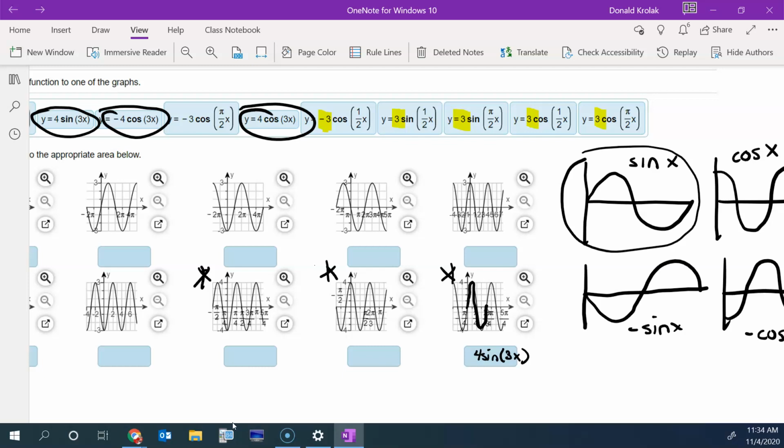Okay, that's 1. That's 2, and it's at 5 pi over 4. And by the time I get to 2 pi, I'm going to have 1, 2, 3 of these, 3 cycles. Does that make sense or not really?